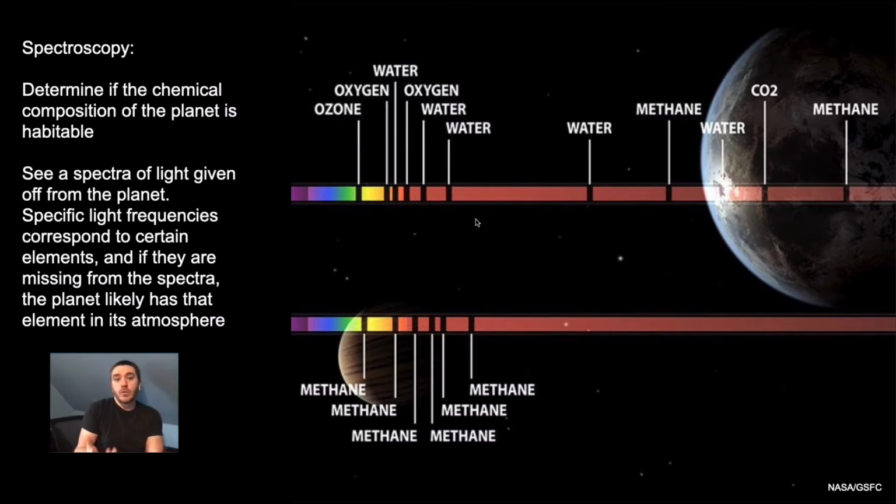Because we know certain chemical elements absorb certain colors, certain frequencies of light. And so when something is missing from the spectrum, we can say, oh, at this frequency, we can be pretty sure that there's water in that atmosphere. So that's one way that we can determine what kinds of chemicals are present, and that further increases the chances of habitability for that exoplanet.